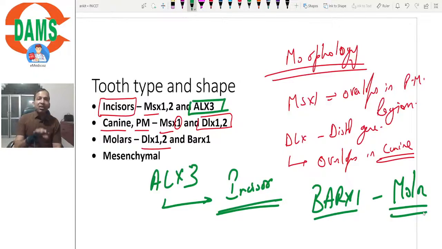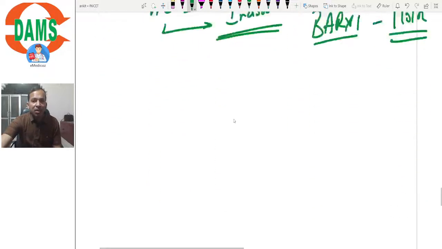So all these genes responsible for the morphology of the tooth are mesenchymal. All the proliferative genes WNT, SHH, FGF were epithelial. The inhibitory gene, that is BMP, was mesenchymal.